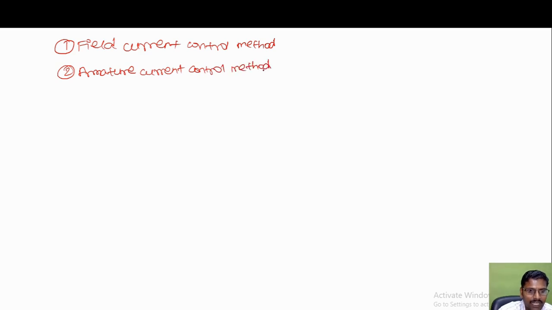These two methods can also be termed as field control method and armature control method. This can also be written as field current method and armature current method, right? Both are correct. And now with the help of expressions we can see how the field control method and armature control method are employed for controlling the speed of DC shunt motor, right?